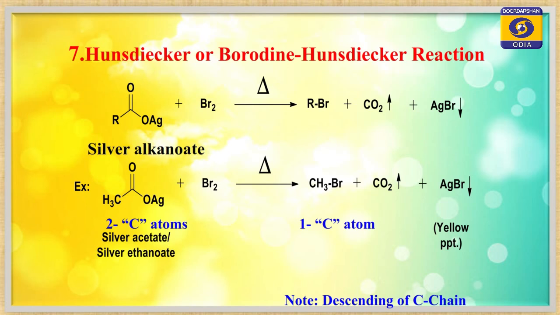When this is treated with the reagent bromine and heated, heat is the catalyst here, without heat the reaction will not take place, because the mechanism is a free radical mechanism. That means the bromine free radical is going to be substituted. So, in this case you see the products RBr, CO2 and AgBr. This method is very good because one byproduct is a precipitate and the other one is a gas, carbon dioxide.